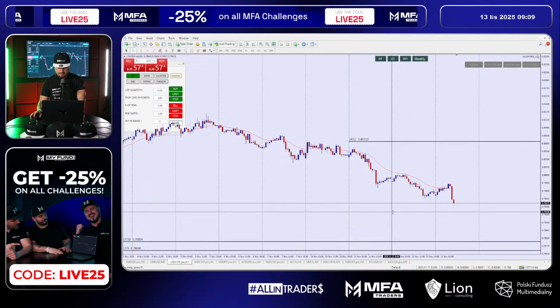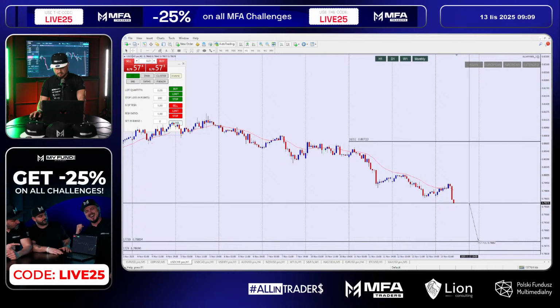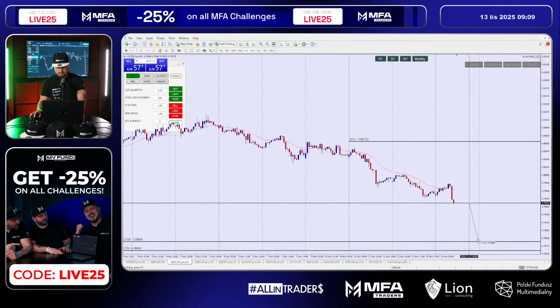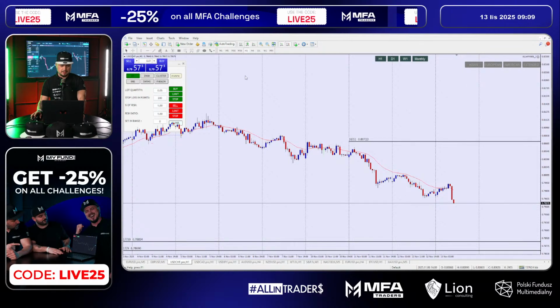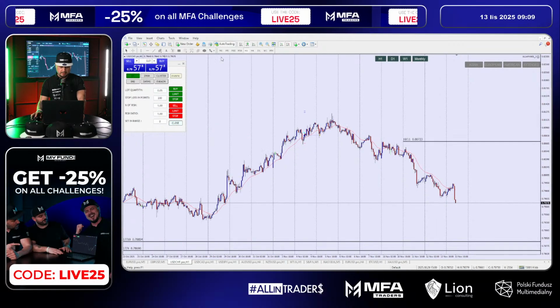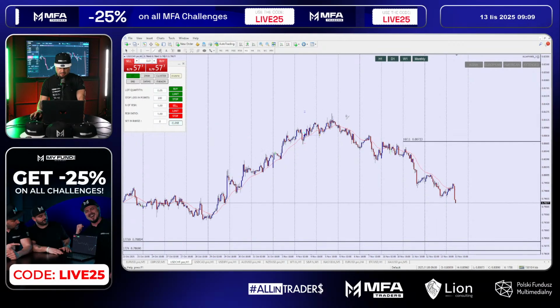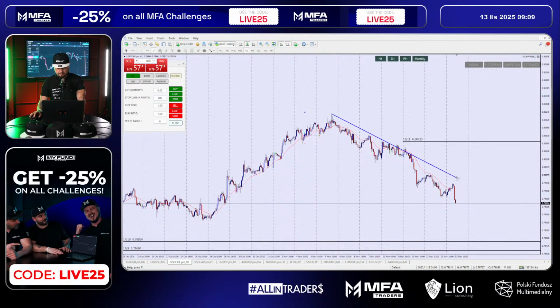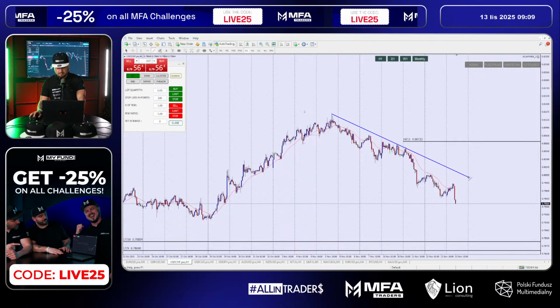USD, there is one target which is 70 pips away from the price at this moment. Maybe we're going to be able to use it. Maybe. Let's try to find some rotation channel.